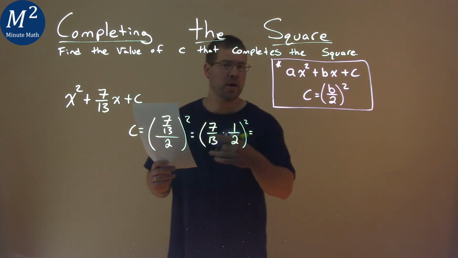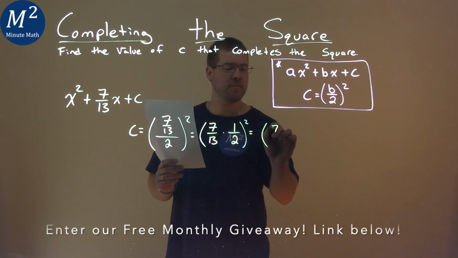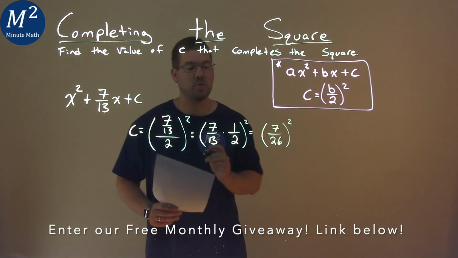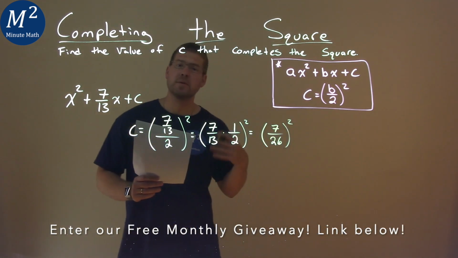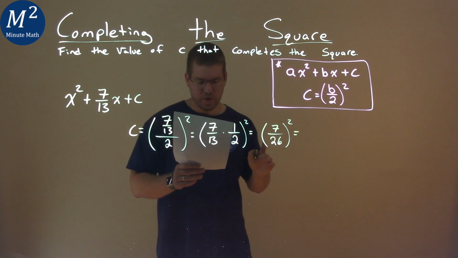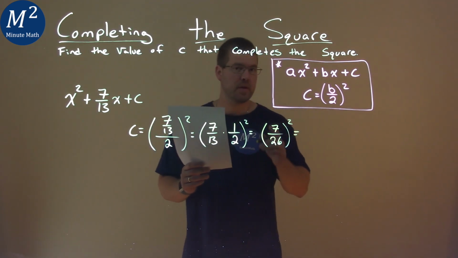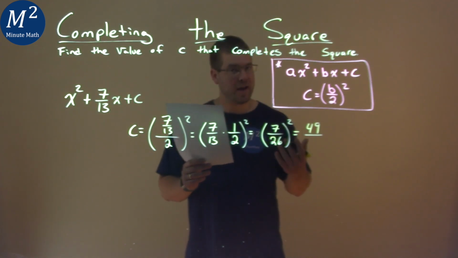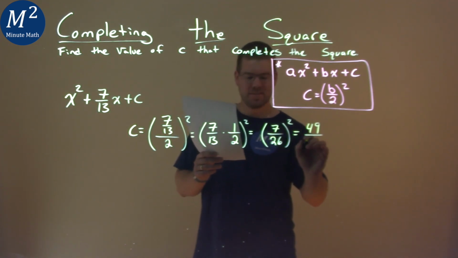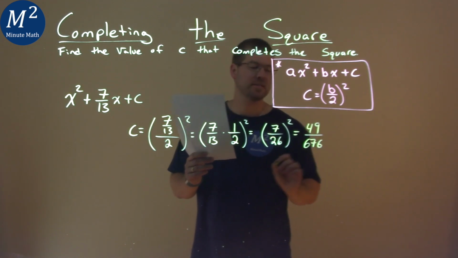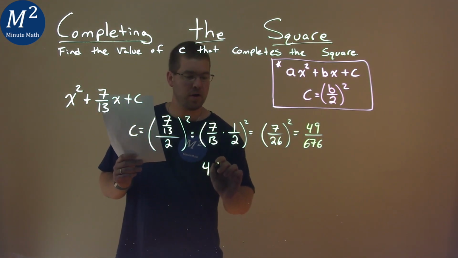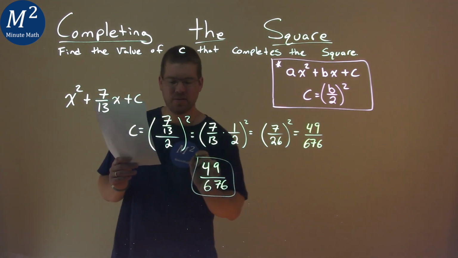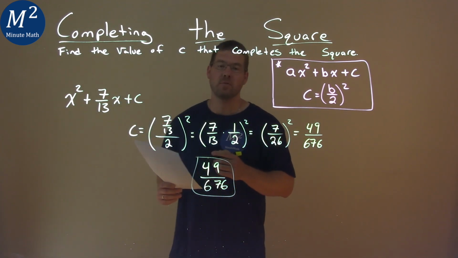Multiplying fractions, we multiply across the numerator, so 7 times 1 is 7, and 13 times 2 is 26. Don't forget to square the whole thing. Now, when we square fractions, we can square the numerator and denominator individually. 7 squared is 49, and 26 squared, which you might have off the top of your head, I don't, is 676. And so 49 over 676 is the value of c that completes the square.